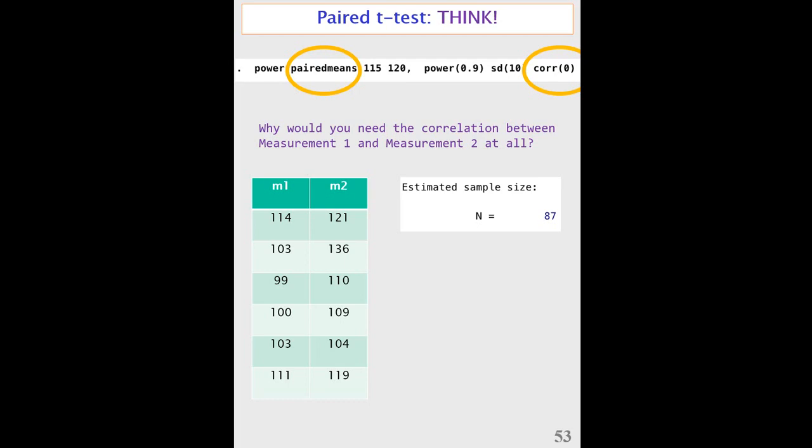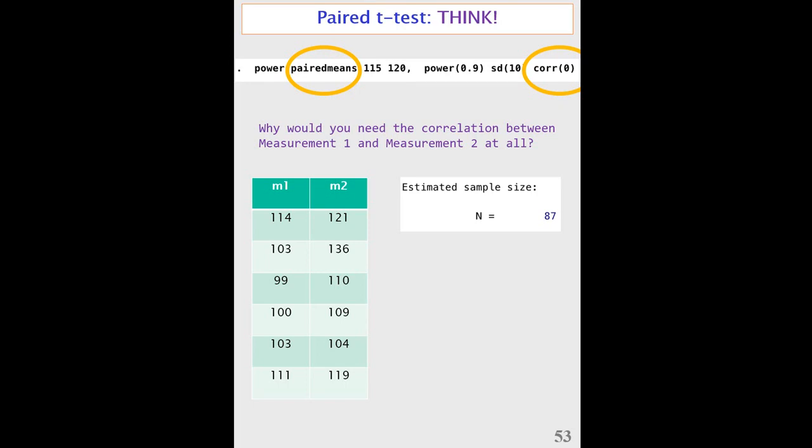So you are your own control in a way. I measured your IQ before and afterwards. And here you see part of the data was 114 before, and after the injection it was 121, and 103, 136, 99, 110.